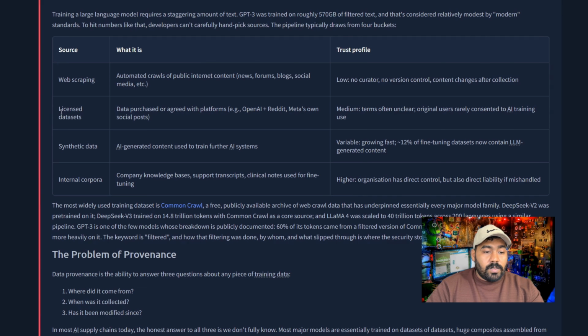Next one is licensed datasets: data purchased or agreed with a platform, for example OpenAI, Reddit, Meta's social media posts. What is the trust profile? It's medium. Terms are often unclear, and original users rarely consented to AI training use.